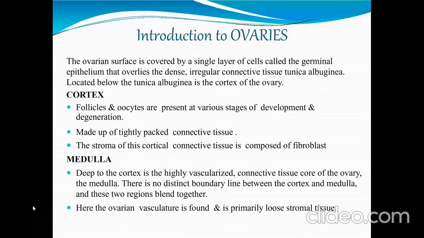Deep to the cortex is the highly vascularized connective tissue core of the ovary, also known as the medulla. There is no distinct boundary line between the cortex and medulla, and these two regions blend together. Here, the ovarian vasculature is found and is primarily loose stromal tissue.